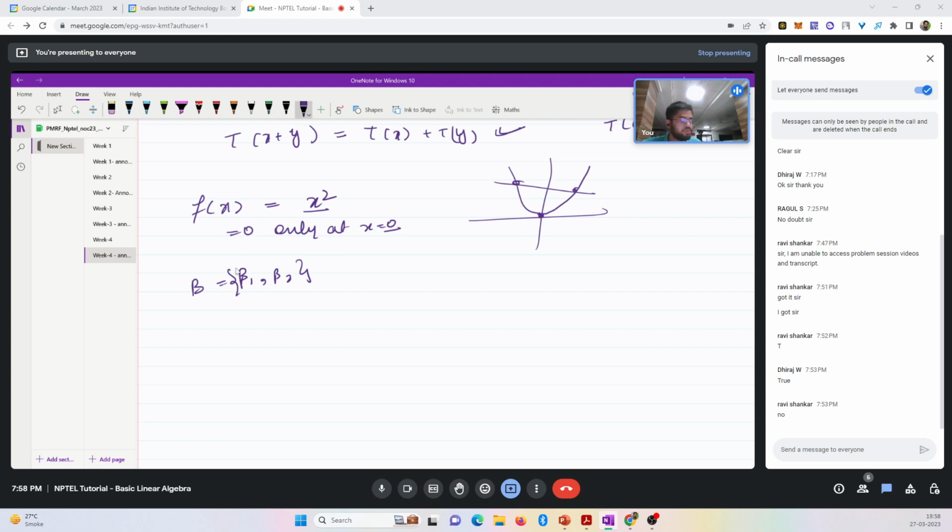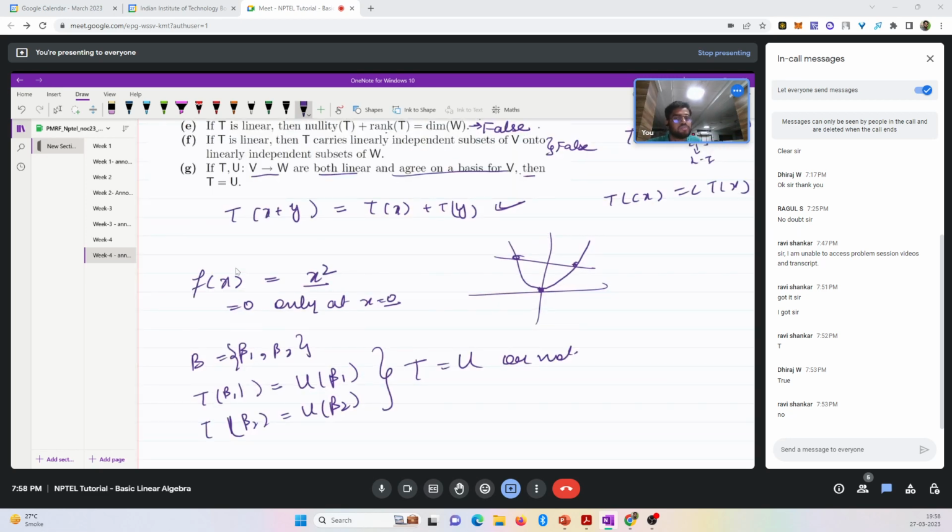Let's say there are two elements only right now, and T of beta 1 is equal to U of beta 1, and T of beta 2 is also equal to U of beta 2. Then it is asking whether T is equal to U or not. And T and U are both linear transformations. Yes, if they agree on the basis, then they'll definitely agree on other points also.